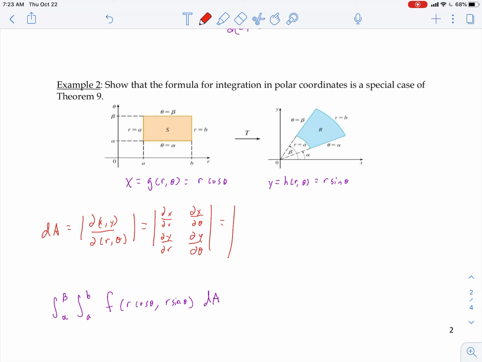The derivative of x with respect to r is just cosine theta. The derivative of x with respect to theta is negative r sine theta. The derivative of y with respect to r is sine theta, and the derivative of y with respect to theta is r cosine theta.